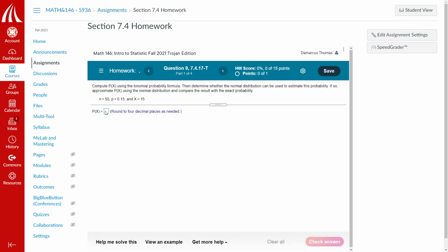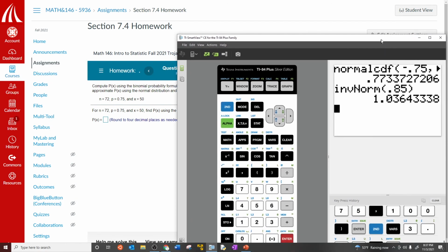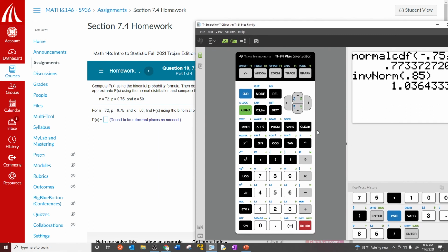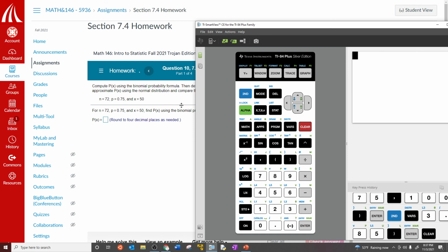Yeah, these problems are just very basic. There's no sense in overcomplicating this. I mean, we can just basically use the probability distribution. We can just go straight in here and get it done that way. We don't have to approximate.